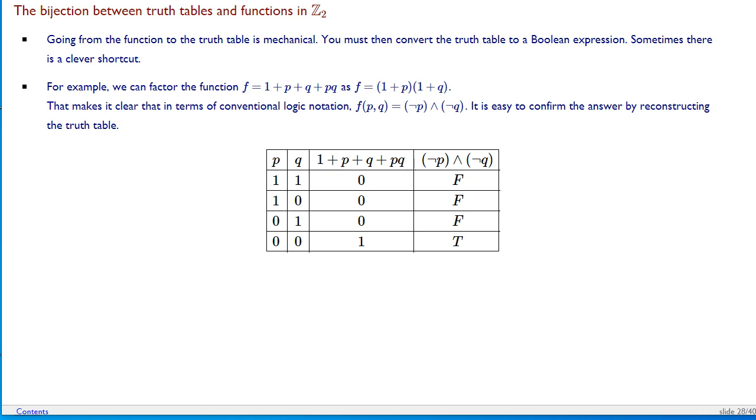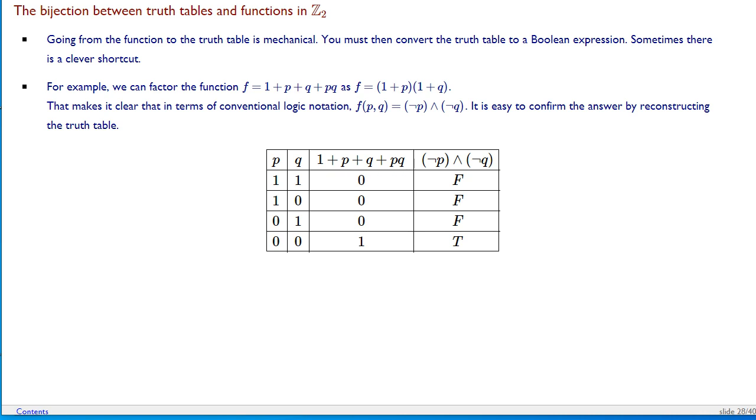Every once in a while you luck out and can factor. For example, if I ask you to interpret 1 plus p plus q plus pq, you might say, oh, that's 1 plus p times 1 plus q. In other words, not p multiplied by not q, and therefore this represents not p and not q.